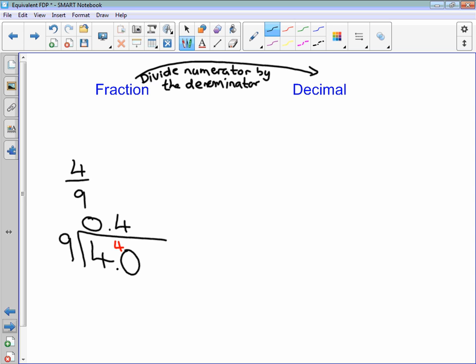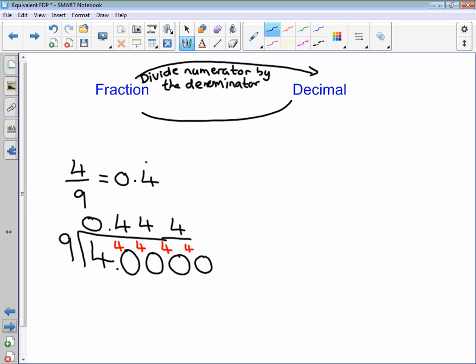So 9 times 4 is 36, but we have 4 left over, so we carry that 4 again. 9s into 40 go 4 times, we carry the 4 again. We can see a pattern developing, so we know that 0.444 is 0.4 recurring. So we know that 4/9 is 0.4 recurring.